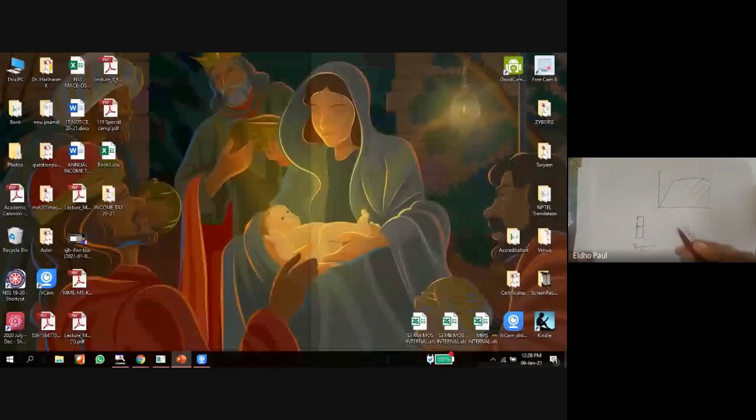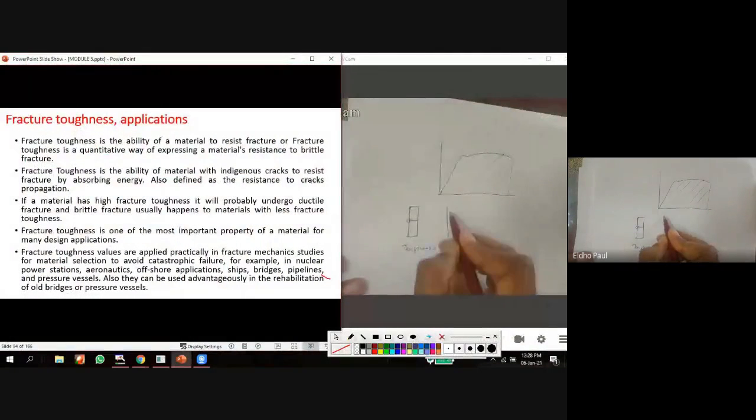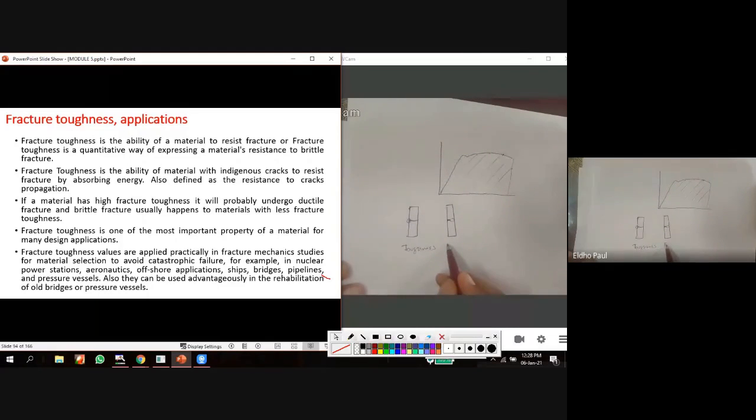But in fracture toughness, initially there is a crack in the material. Then how much energy is required for the propagation of this crack? That energy is called fracture toughness.